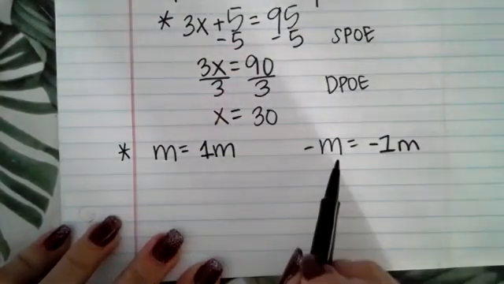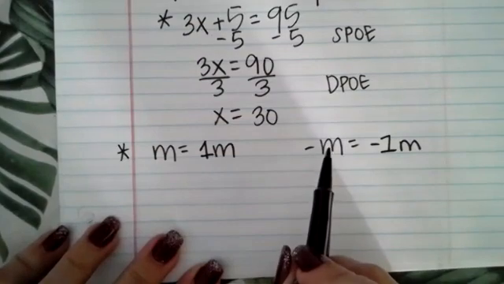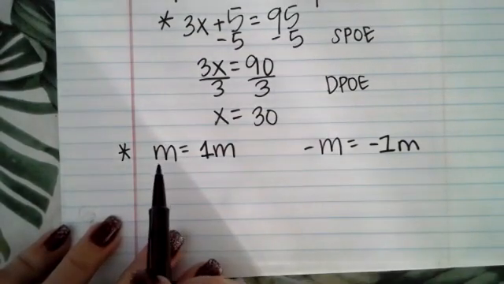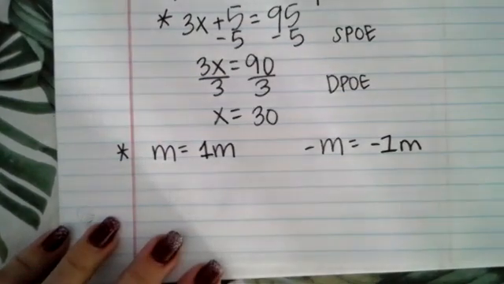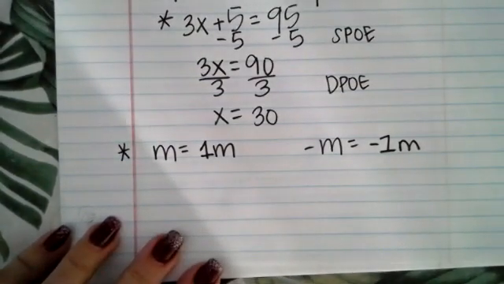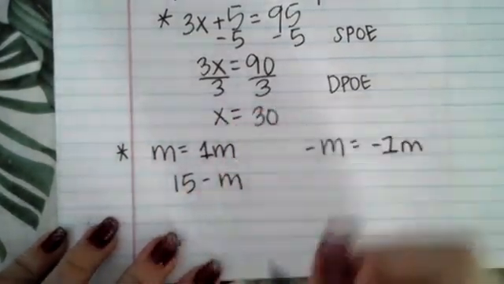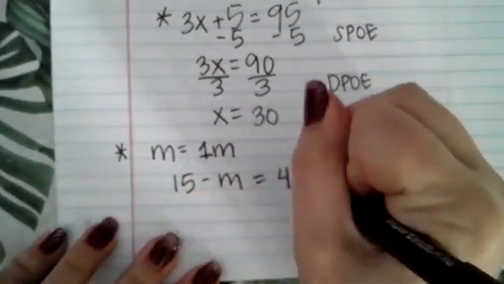So pay attention to how the variable looks on its own with the negative sign. That means we're multiplying it times -1. Without the negative sign, that means we're just multiplying it by 1. Because let's say we have the example 15 minus m equals 41.